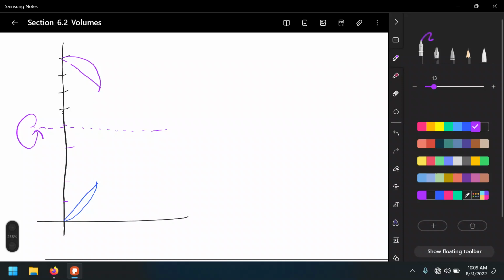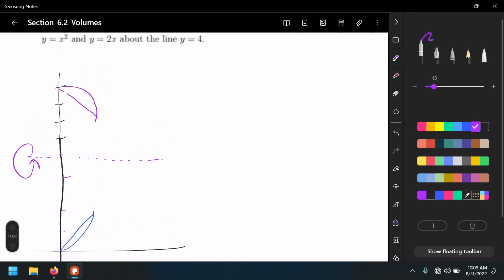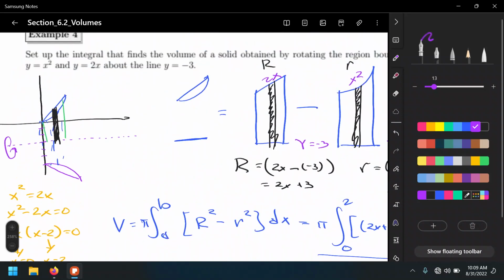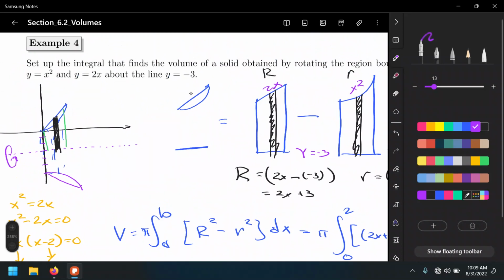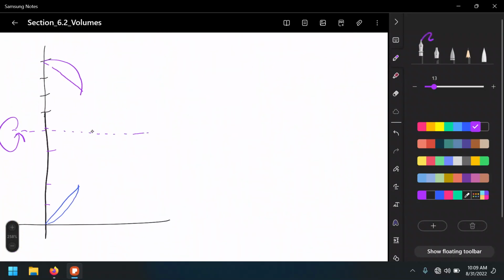But the difference is going to be in the next section when we set it up in terms of the shell method. So in this case we want this volume right here. However, in the previous example, we had the region of integration above the axis of rotation, but this time we have the axis of rotation at the top and the region that we rotate at the bottom.